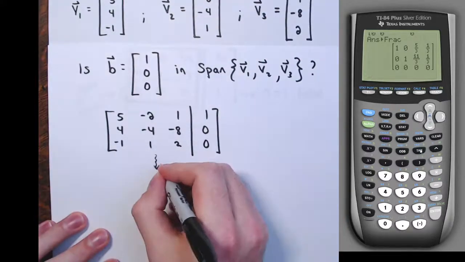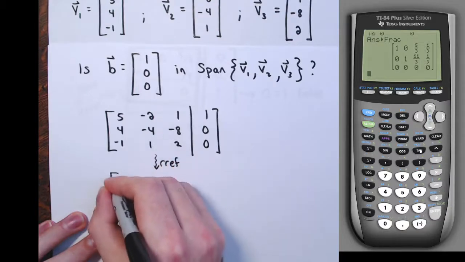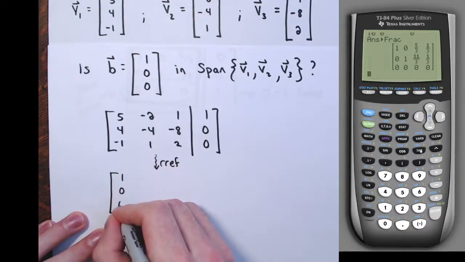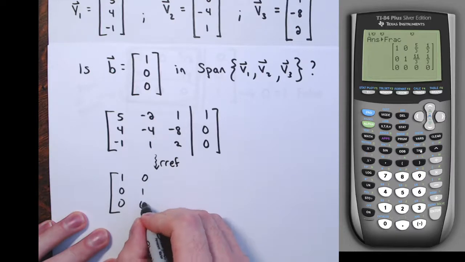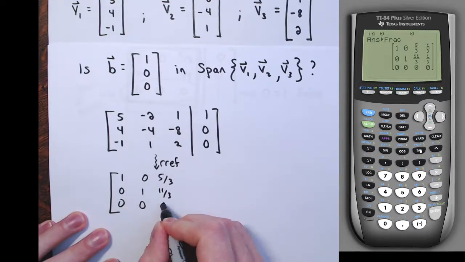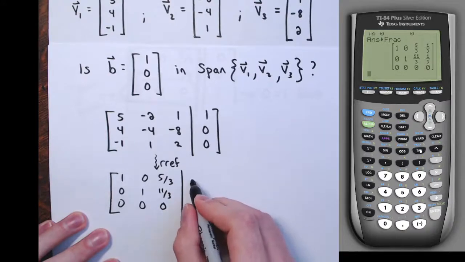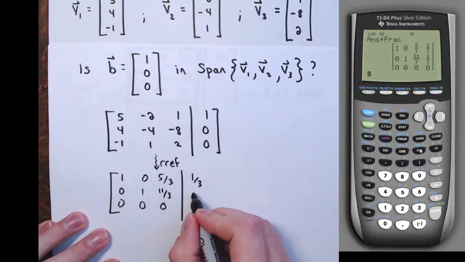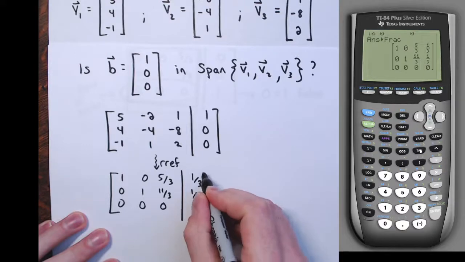So in reduced row echelon form here, we got 1, 0, 5 thirds, 1 third, 0, 1, 11 thirds, 1 third, and 0, 0, 0, 0.